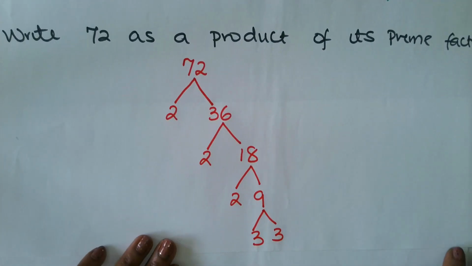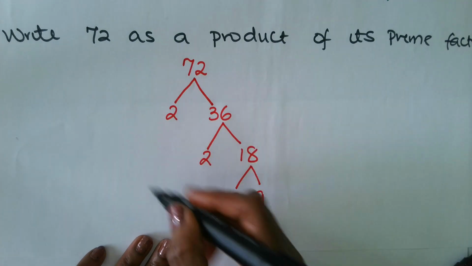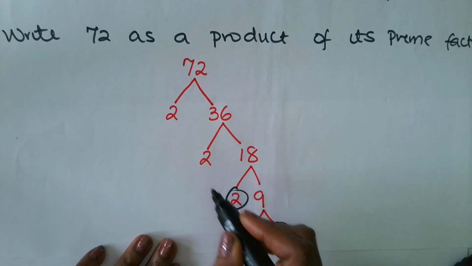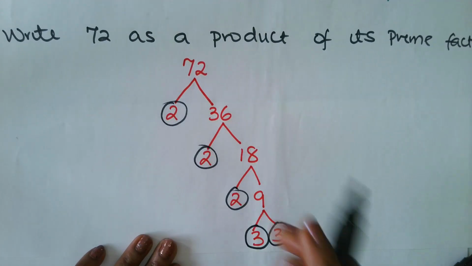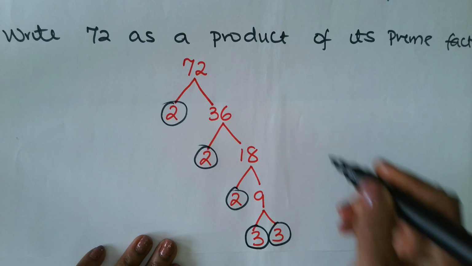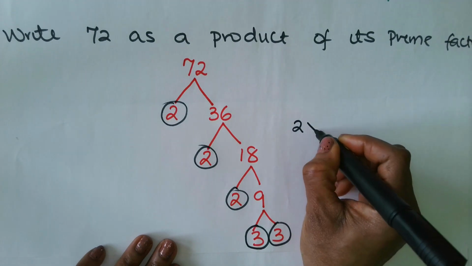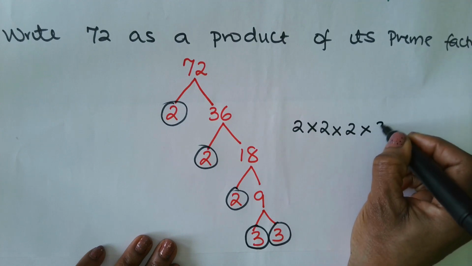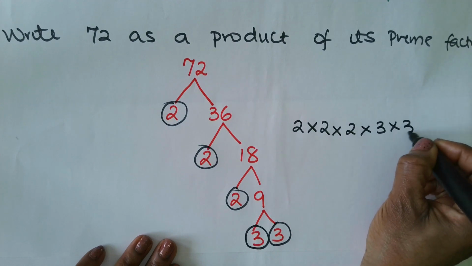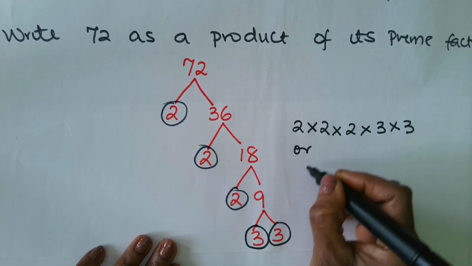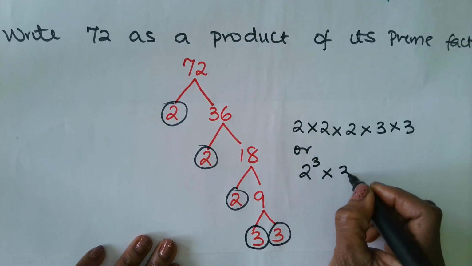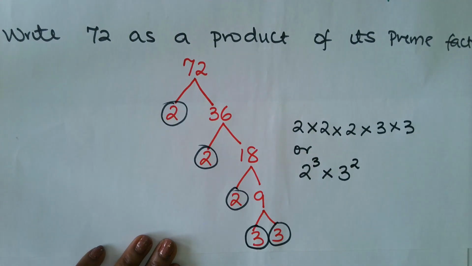I'll suggest that when you are using this factor tree, as soon as you get to the prime numbers, you need to stop. Okay? So the answer to this question is 2 times 2 times another 2 times 3 times 3. Or you can write 2 raised to the power of 3 times 3 raised to the power of 2.